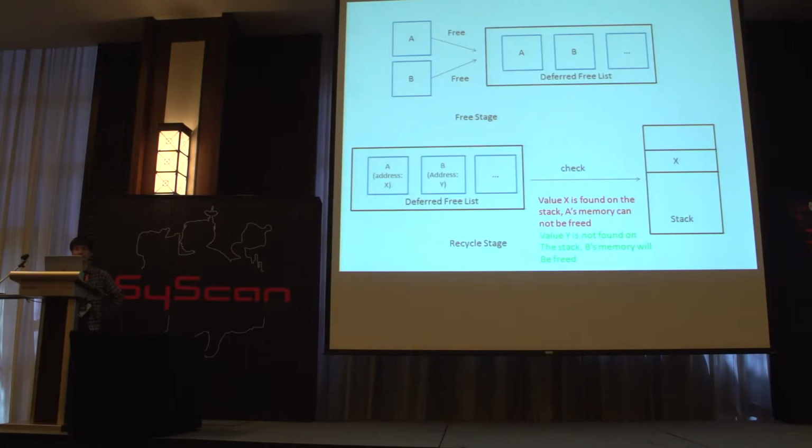And when the memory protector tries to free the blocks in the list, first it checks object A, whose address is X. In our example here, because there is a value which equals X on the current stack, memory protector will not free object A. And for object B, whose address is Y, because there's no value equal to Y on the current stack, the heap block will be freed successfully.